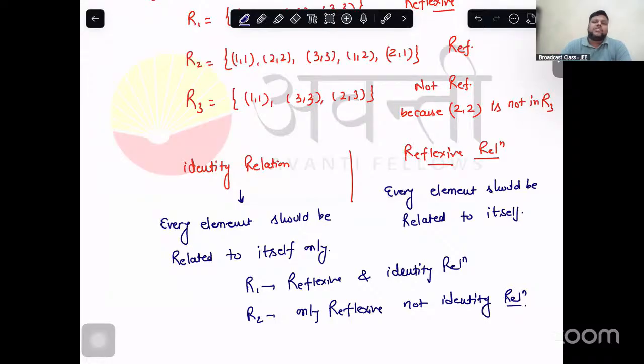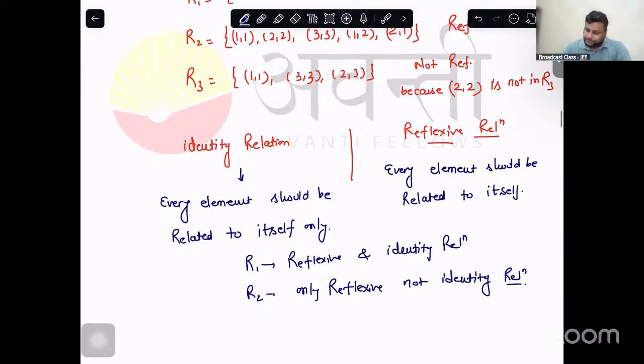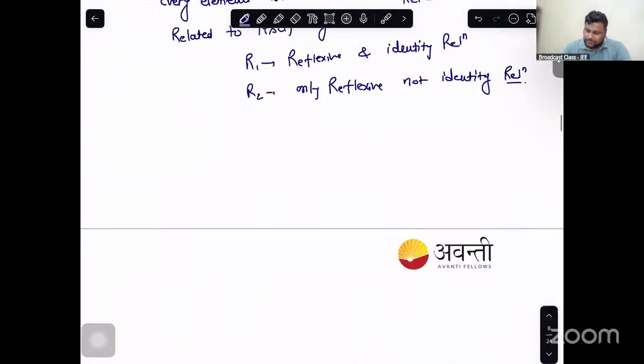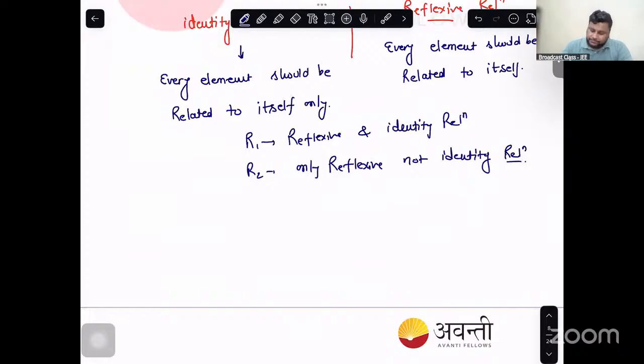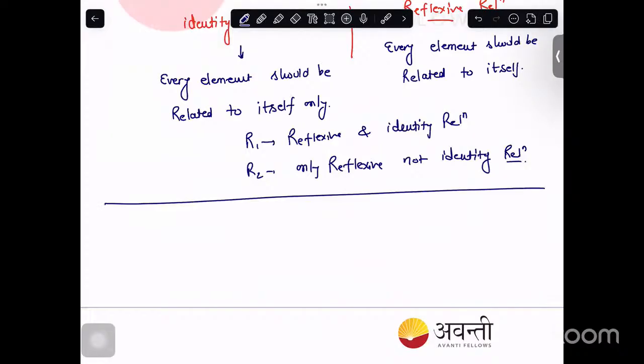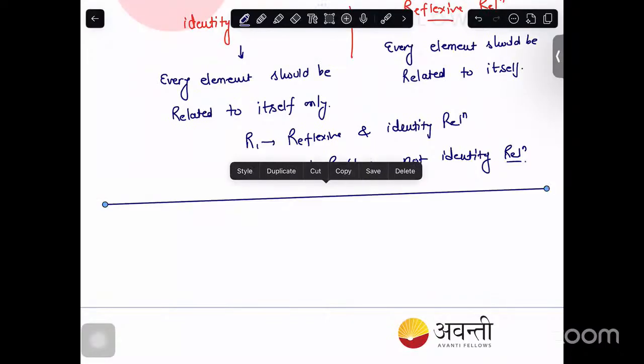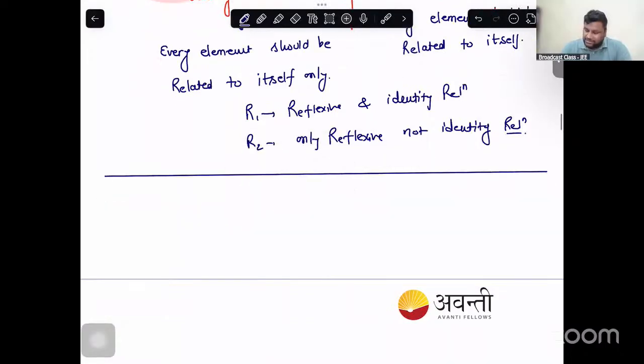That kind of relation should be there. That is what we call identity relation. In reflexive, (1,1), (2,2), (3,3), (4,4) are needed. But along with it, other elements can also be there, like (1,2), (2,1), (1,3). Am I clear? Now there comes symmetric relation.